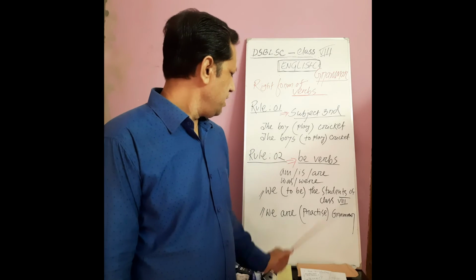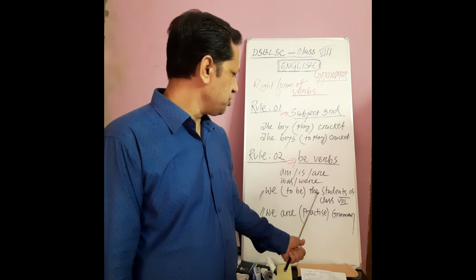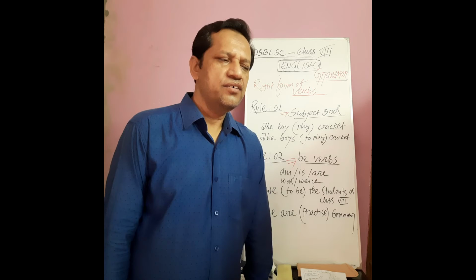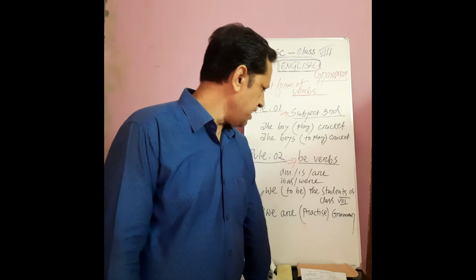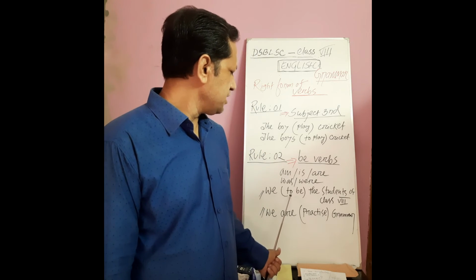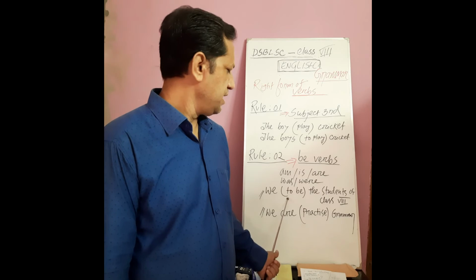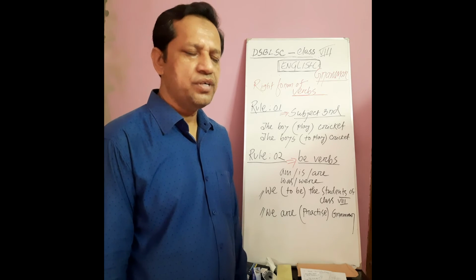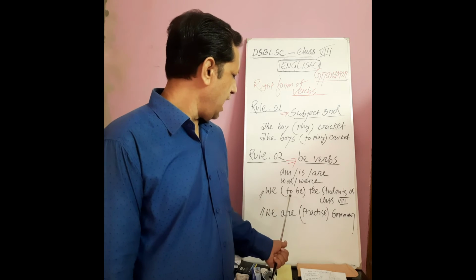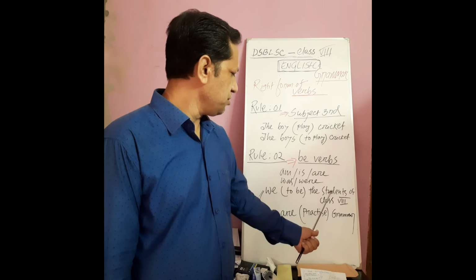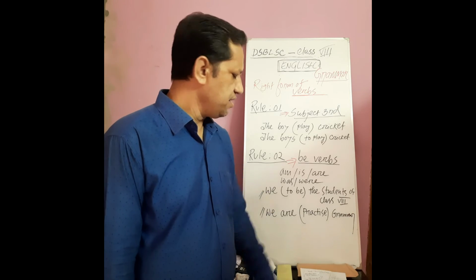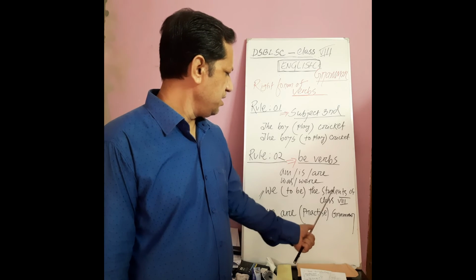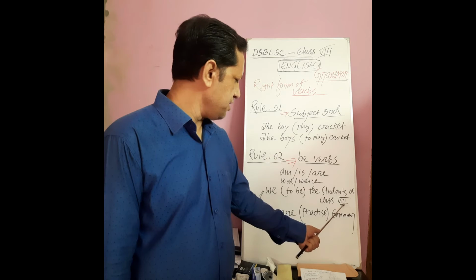Then we to be the students of class 8. This is a sentence. Here we can see that to be has been used as the main verb. That's why we have to write here, we are the students of class 8.